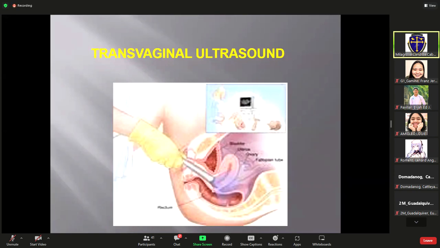Okay? So, this is usually done in the first trimester of pregnancy. Alright? This is an effective way also to check the cervix, uterus, fallopian tubes, and ovaries for any anomalies. Particularly during the first trimester, it is also used as a confirmatory diagnostic test if the mother is really pregnant or not. Alright?